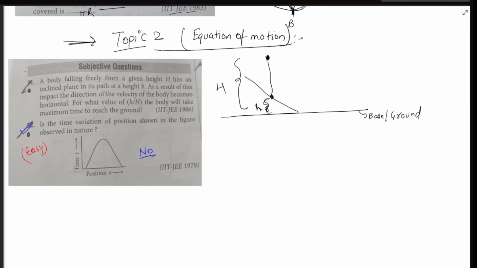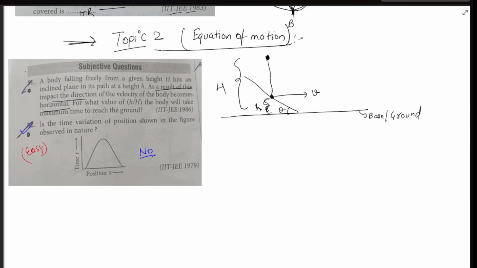So h above the ground it hits, and capital H above the ground is where it starts dropping. As a result of this impact, the direction of velocity becomes horizontal. So whatever the velocity is here, it becomes horizontal. Let's say this is theta. Find the value of h upon H.